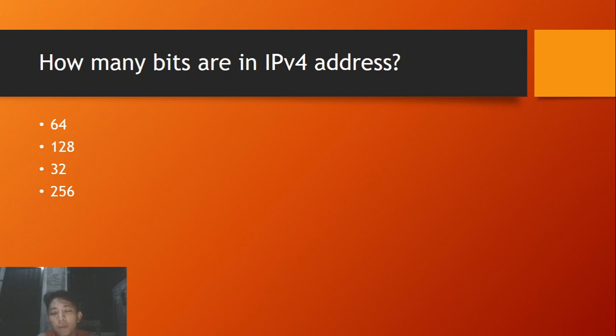An IPv4 address is comprised of 4 octets of binary digits, each containing 8 bits, resulting in a 32-bit address. So that's why we have 32 bits in IPv4.